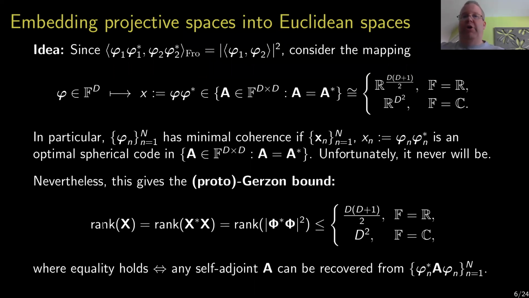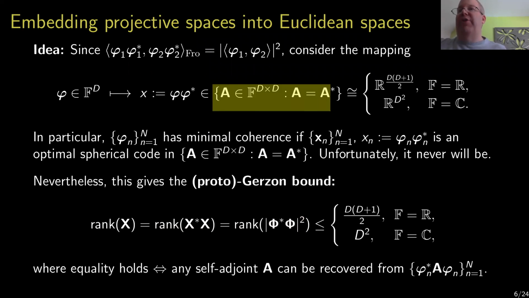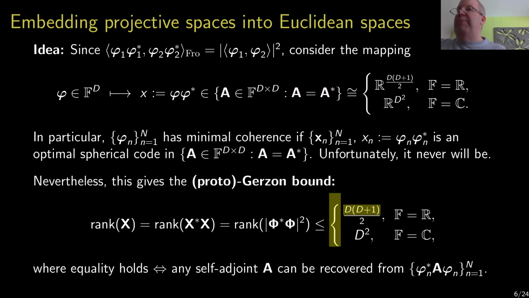That's the same thing as the rank of their Gram matrix, but their Gram matrix is the pointwise modulus squared of the Gram matrix of the original vectors. Regardless, they are vectors living in this real space of self-adjoint operators. So you get these bounds based upon the dimension of the space that they're in. I mean, for a bunch of vectors, the dimension of their span can only be at most the dimension of the entire space.